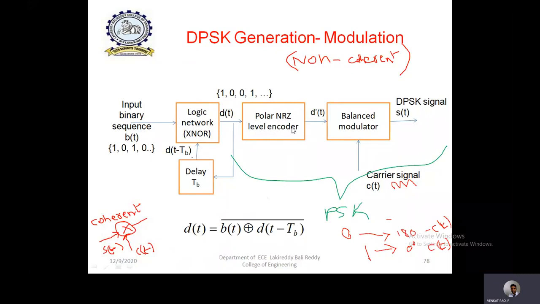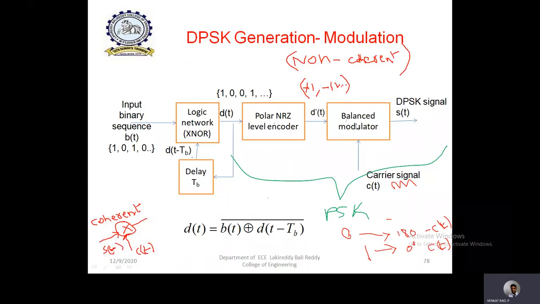After NRZ coding, each one is represented with +1 volt as an amplitude, and each 0 is converted into -1 volt. That means alternate positive and negative pulses are generated after this NRZ coding.